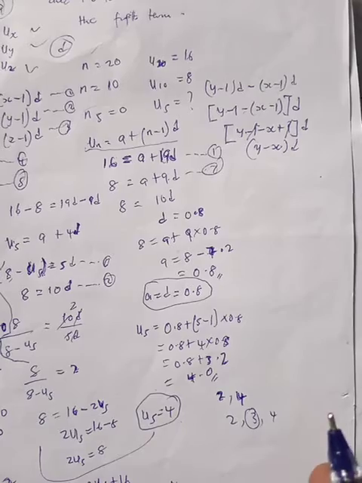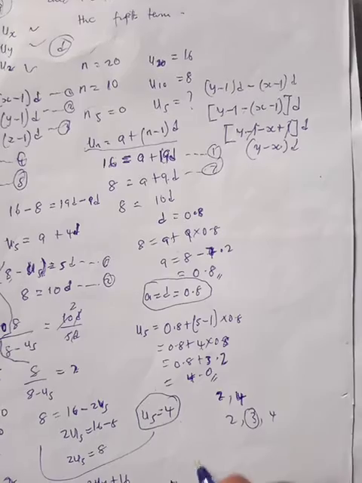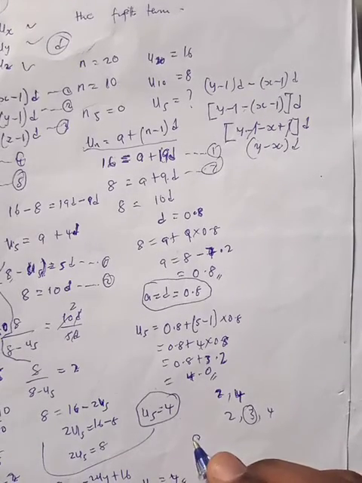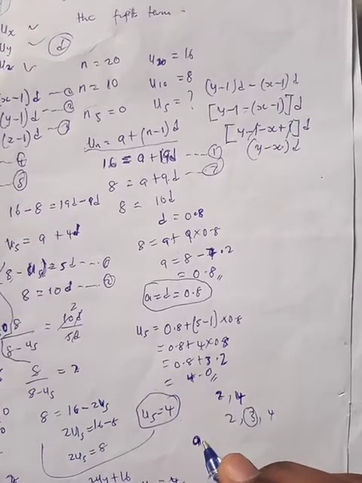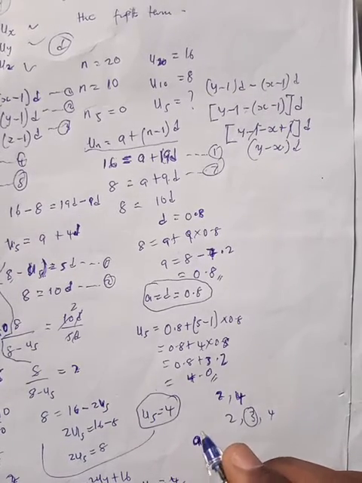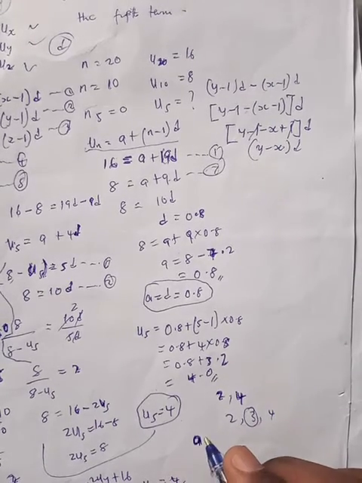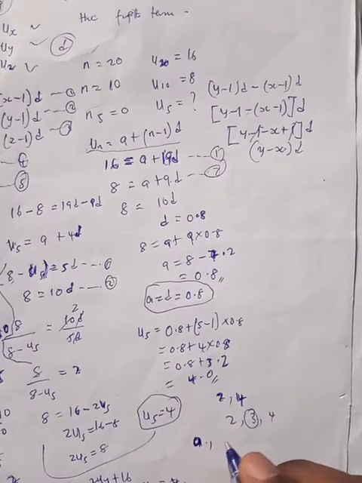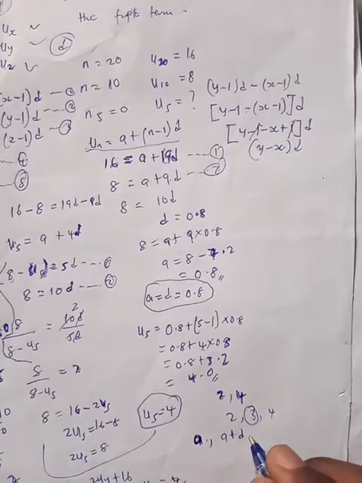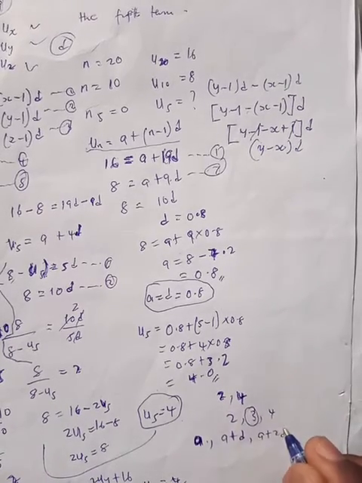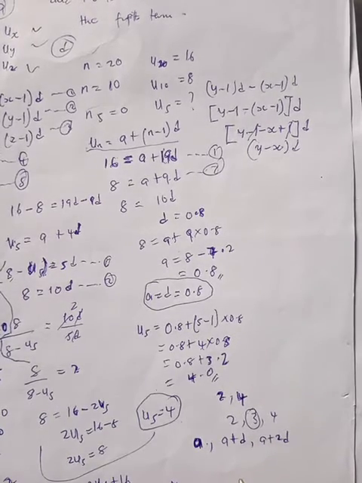So how do we find the arithmetic mean of two consecutive numbers? Let's say this is a number, this is the arithmetic mean, they always form an AP, and this is another number.